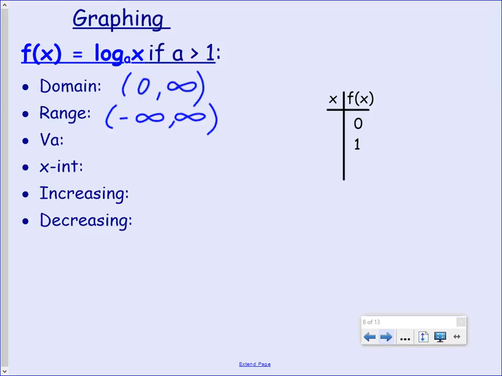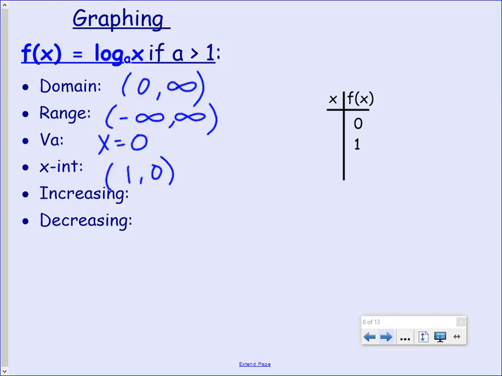And then yesterday we would have identified a horizontal asymptote, y equals a number, but remember we're switching x and y, so that now becomes x equals a number and is a vertical asymptote. So your vertical asymptote will always be at x equals 0. Your y-intercept used to be at 0, 1.